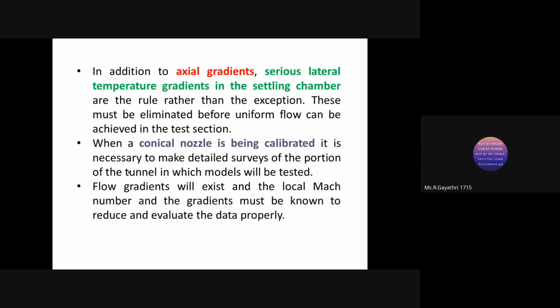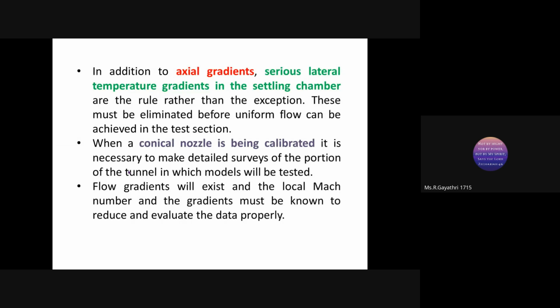In addition to axial gradients, serious lateral temperature gradients in the settling chamber are the rule rather than the exception. We can see temperature gradients in the lateral direction also in the settling chamber. They should be eliminated before uniform flow can be achieved in the test section. We prefer uniform flow in the test section in any tunnel.